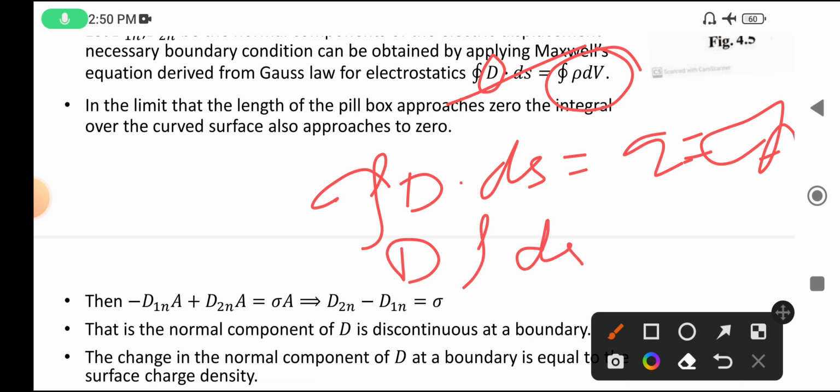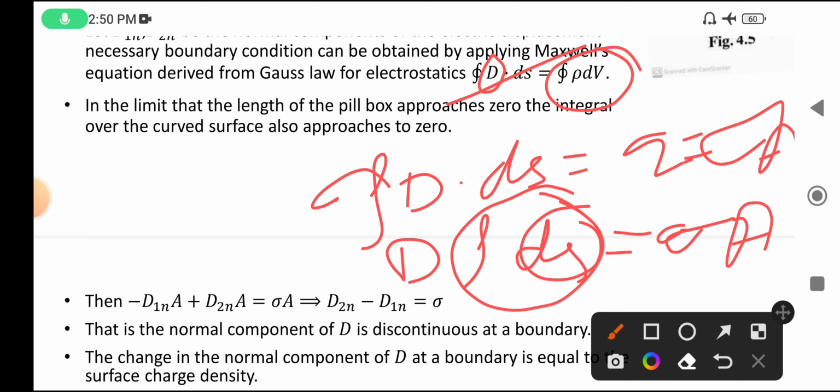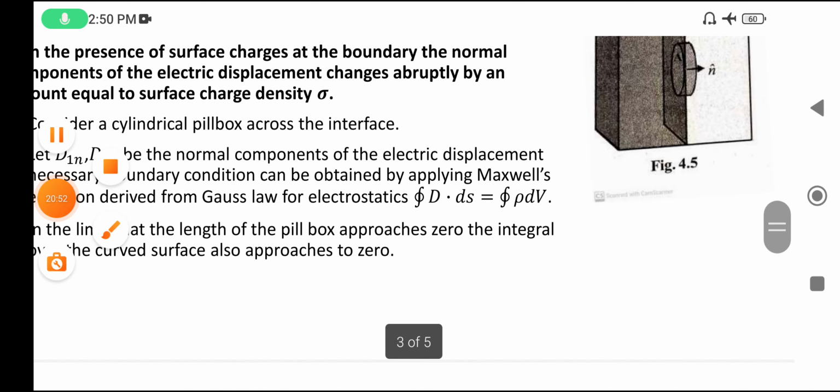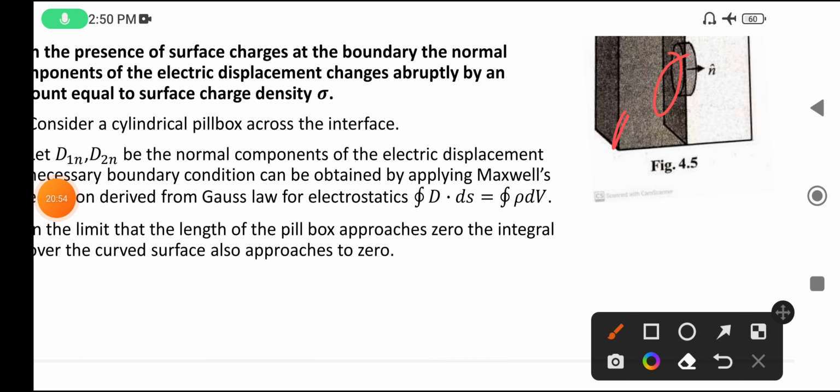Integral dS is equal to sigma A. Integral dS means total area is A. So on the left side we have to apply this formula, and on the right side also. The left side area of the pillbox is A, the right side area of the pillbox is also A.